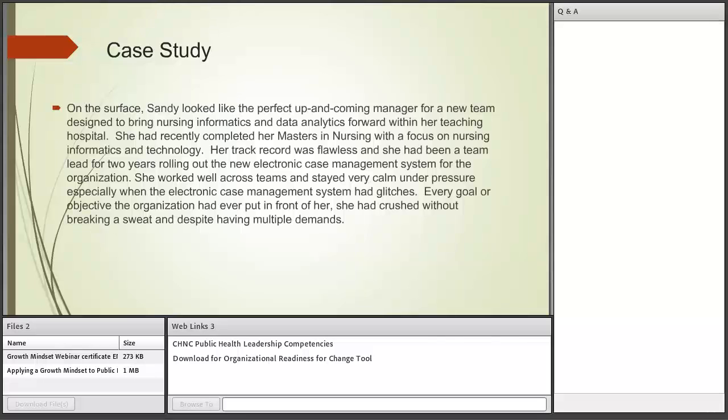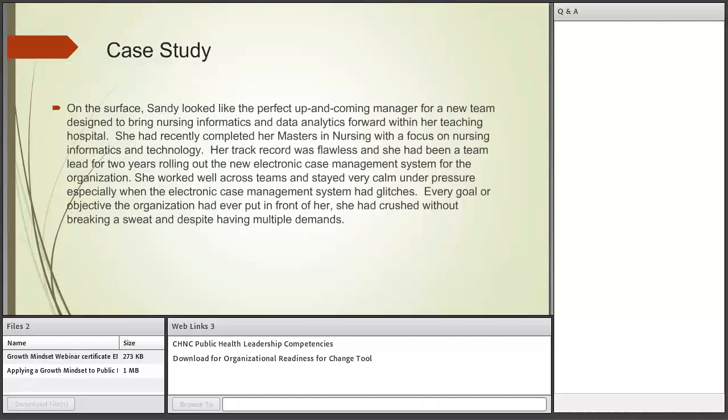Whilst you're thinking about that question, I want to go through a case study that I found through the Harvard Business Review, and then modified to our healthcare organizations. The Harvard Business Review had more of a business private sector slant, and I changed it slightly.